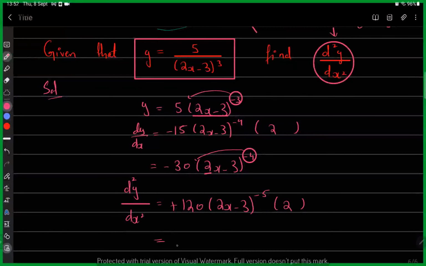And finally, this would become 240 divided by (2x minus 3) to the power 5. This is going to be the final answer. Okay. All right. Okay. Very good. Well done. So this part is done.